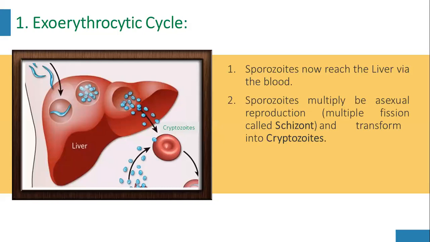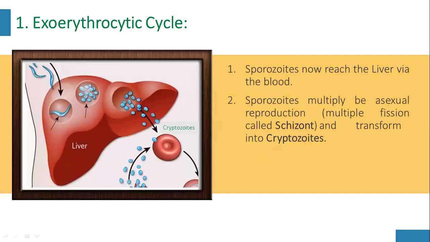You have learned in chapter number 1 about fission, binary fission, multiple fission. By multiple fission, it divides into a large number. Can you see the diagram? Very carefully, you can see it was a single sporozoite, and now that has made so many cells.